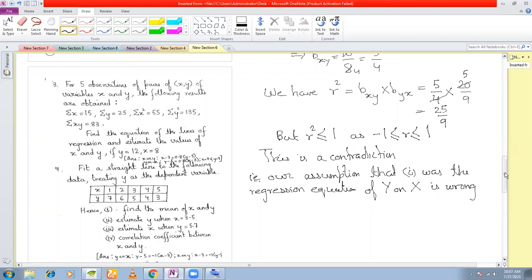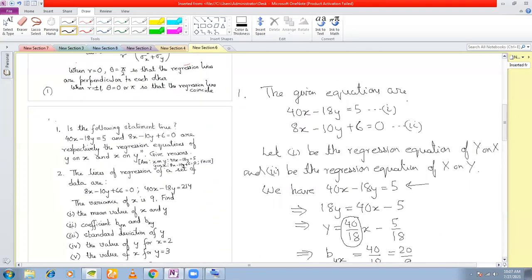That means what can I say? This is not the regression equation of y on x. Then if it is not the regression equation of y on x, then what should it be? This is the regression equation of x on y. And this is the regression equation of y on x. Is this clear? How to check?